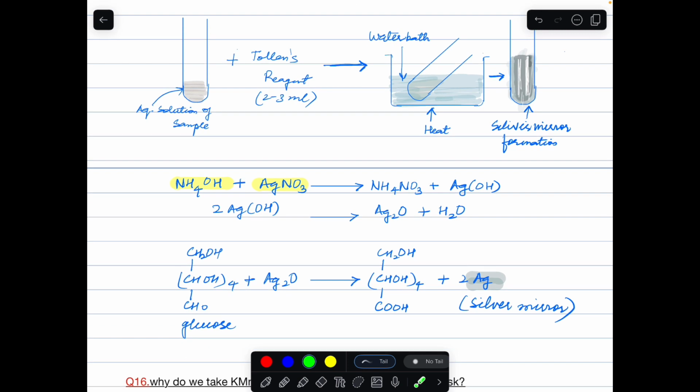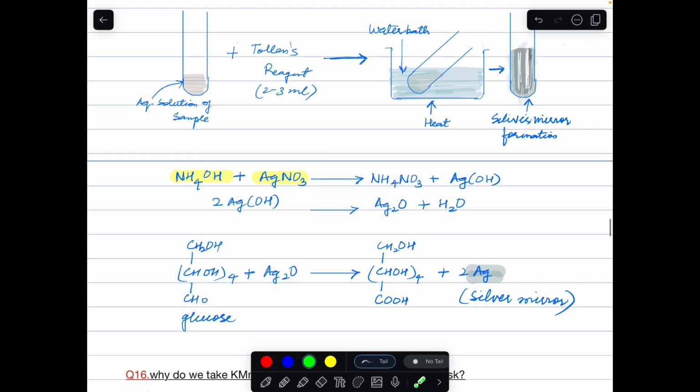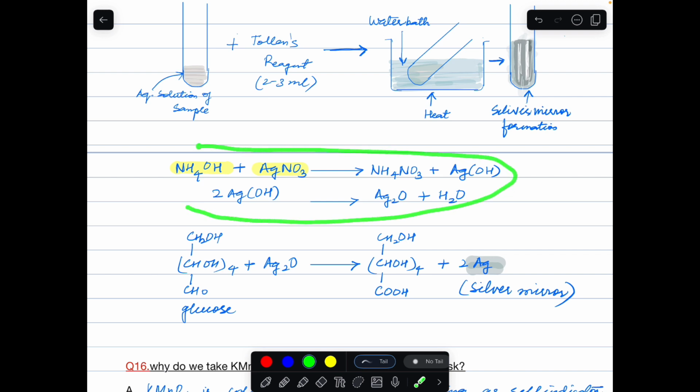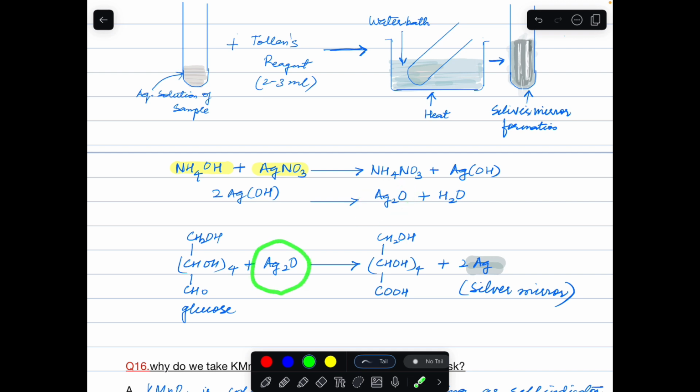So what is the chemical reaction which gives you this silver mirror, or how is this silver mirror formed? These are the reactions which we have when we prepare the Tollen's reagent. As we have done, Tollen's reagent is nothing but a solution of silver nitrate, to which we have added ammonium hydroxide. So finally in the end, what you have is silver oxide, Ag2O, and this Ag2O will react with glucose.